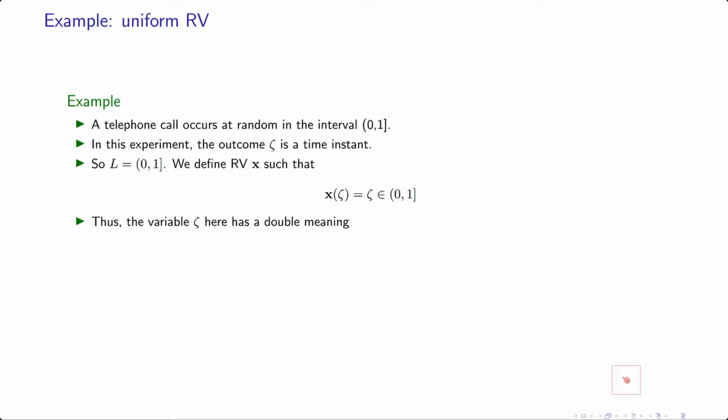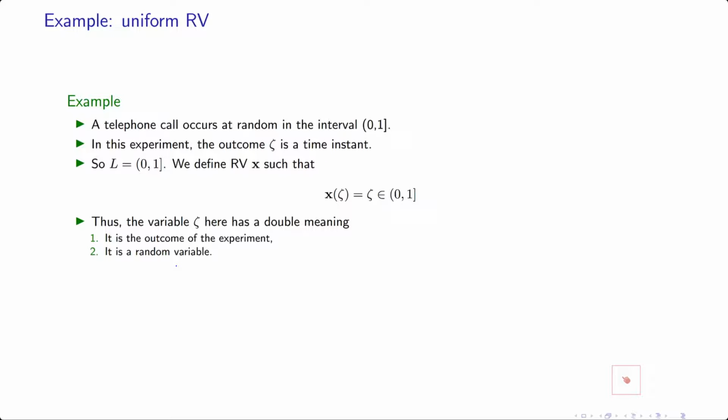So the variable in this example, because this is a real number, but in the case of a coin or dice and so on, Xi was not a real number, so we needed to map it to a real number. So here it is already, so it is also a random variable itself, so it has a double meaning. The outcome of the experiment is also the random variable.